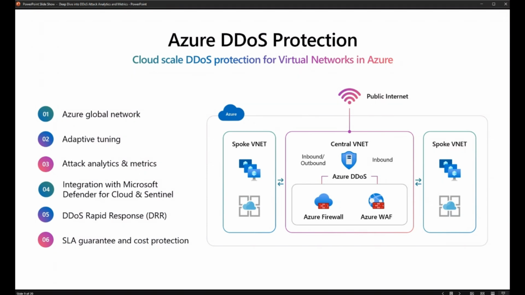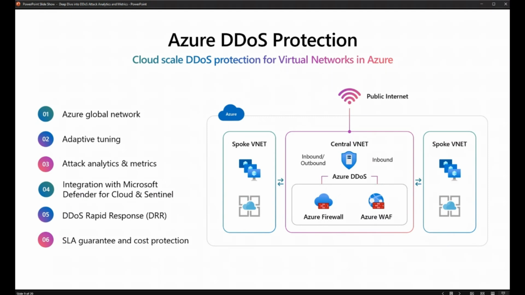Azure DDoS Protection also integrates natively with Microsoft Defender for Cloud and Microsoft Sentinel, so you can correlate attack data with broader security events. You can also build automated workflows or alerting for that. For more critical incidents, there is the rapid response team, which provides 24/7 expert support that can assist you during active attacks.